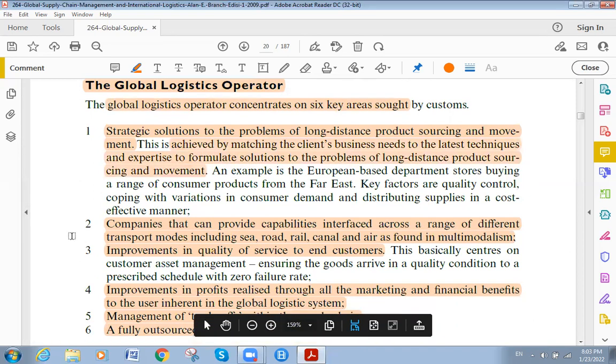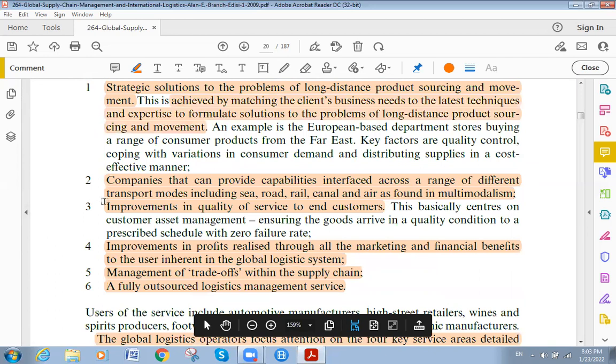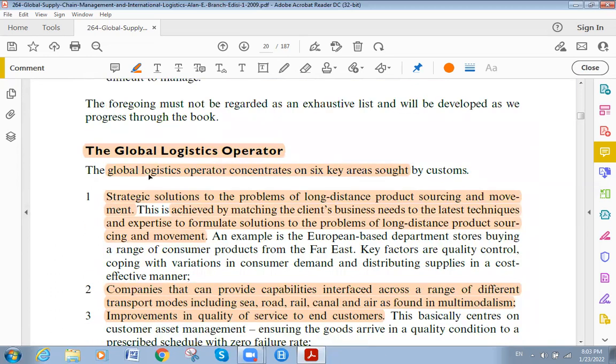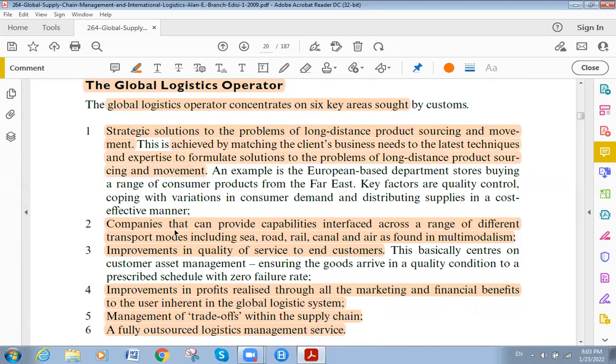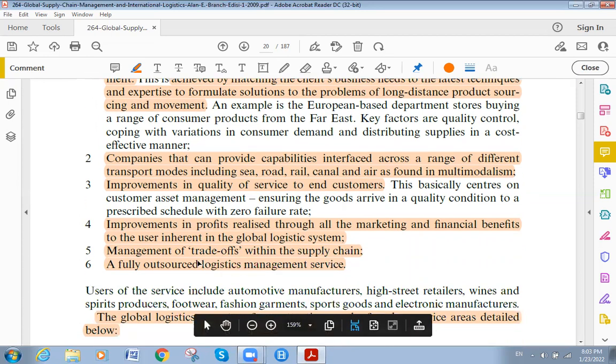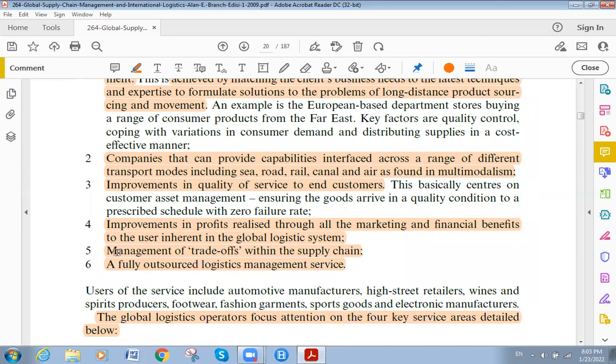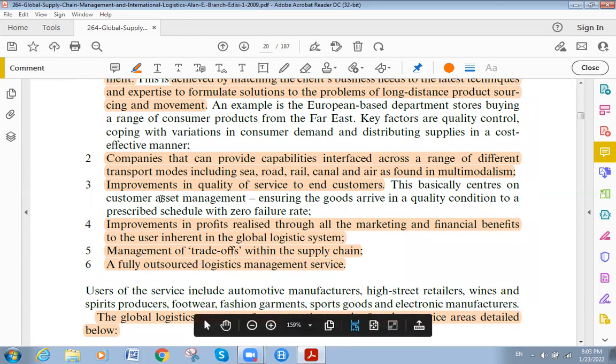The second point at the core of global logistic is companies that can provide capabilities to interface across a range of different transport modes, including sea, road, rail, canal, and so on. So expect in global logistic that you will have a variety of transportation. 3, improvements in quality of services to end customers.